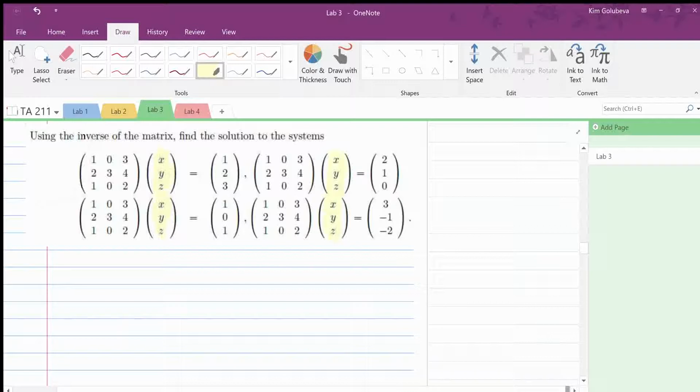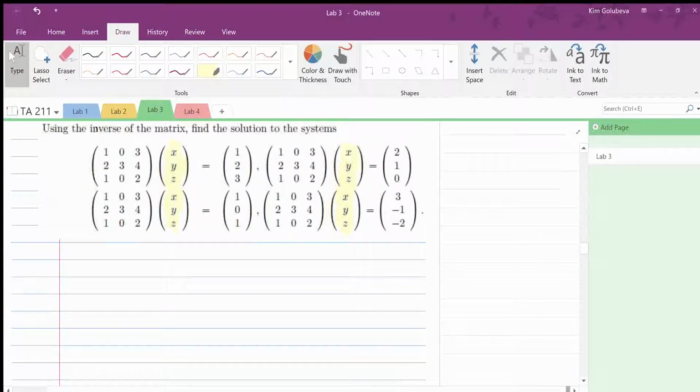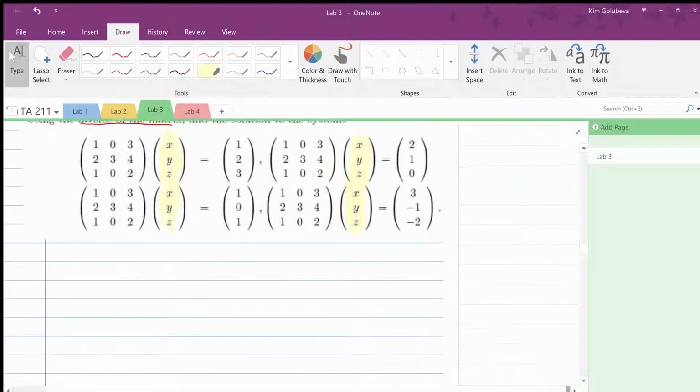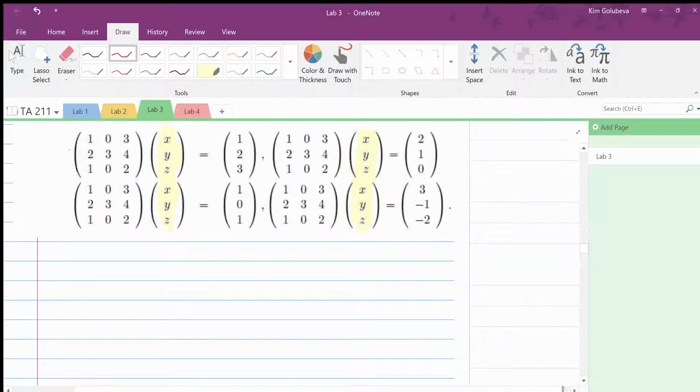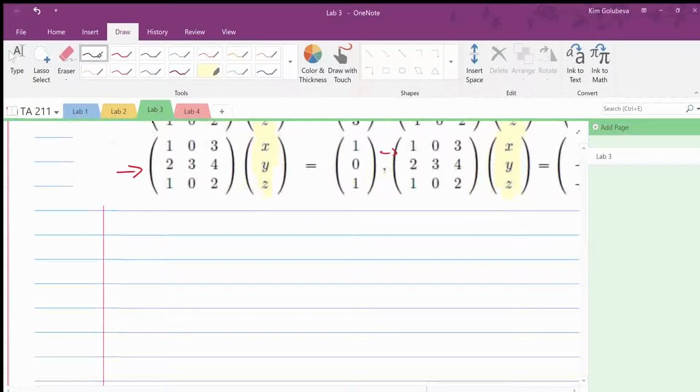First of all, we have to do it using the inverse of the matrix. You notice these matrices here are all the same. So we just need to find the inverse of this matrix A, we'll call it. So we have 1, 0, 3, 2, 3, 4, 1, 0, 2.